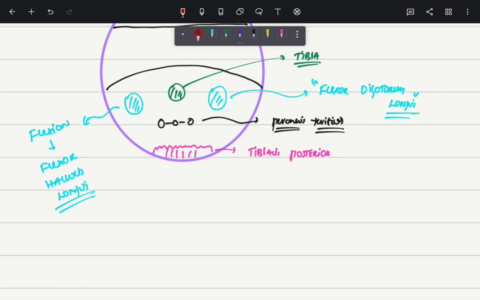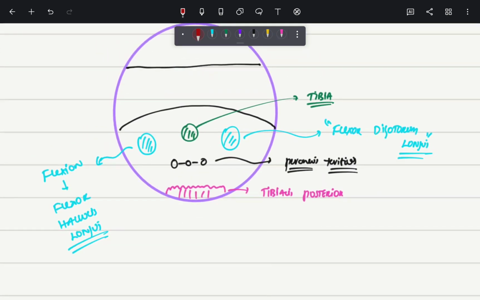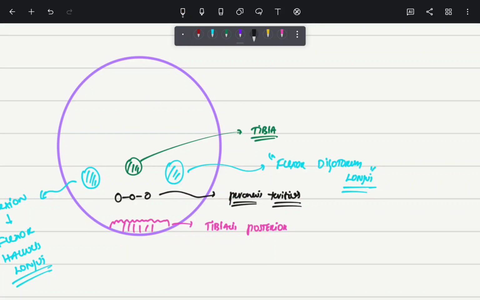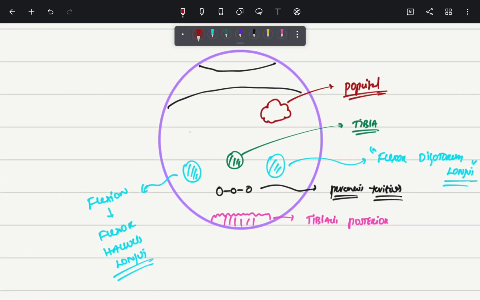Not only that, in the posterior compartment we have mainly two muscles which are very important. I'm going to extend this a little bit here so it will be clear to you guys. So this is the posterior compartment, and this is the anterior compartment. In the posterior compartment there is a popcorn shaped muscle. This popcorn shaped muscle is your popliteal, and aside from that there is a plant shaped muscle, which is plantaris.